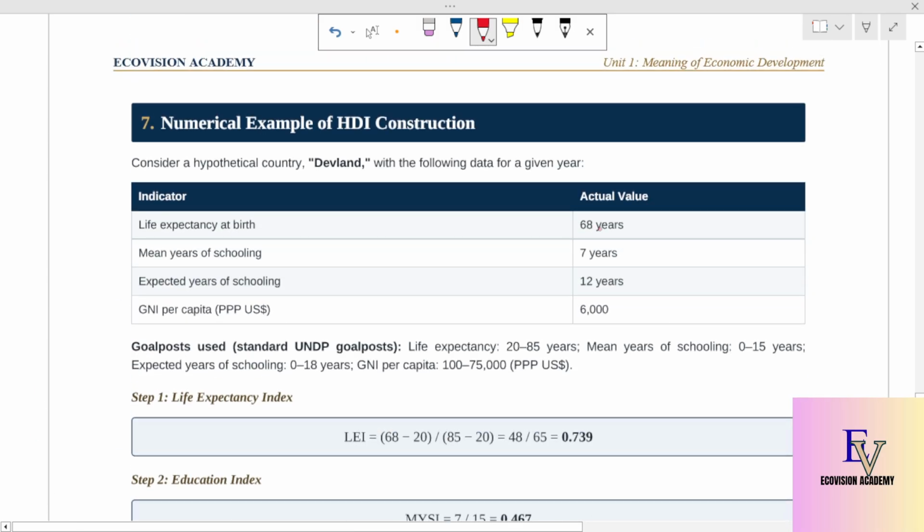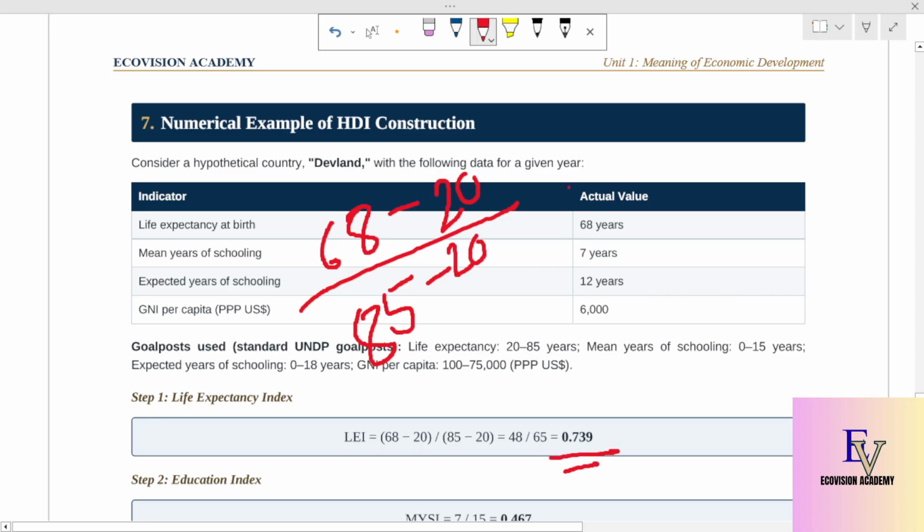Suppose I give you an Excel file with the data: 68 years, 7 years, 12 years, and then 6,000. I told you to calculate the HDI of this. For the 68 years, actual value minus minimum value, that is 20, divided by maximum value minus minimum value, 85 minus 20, you get 0.739.